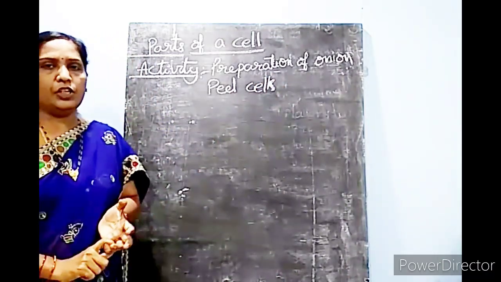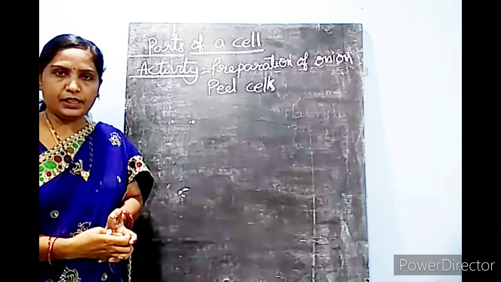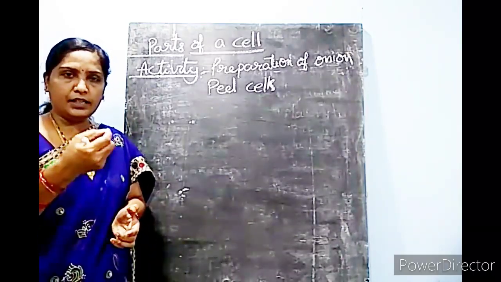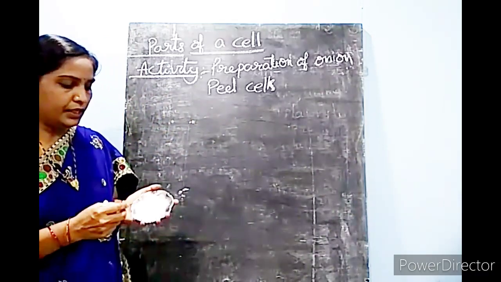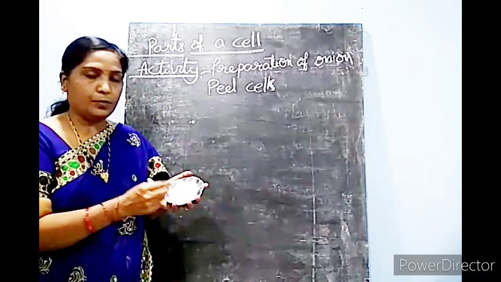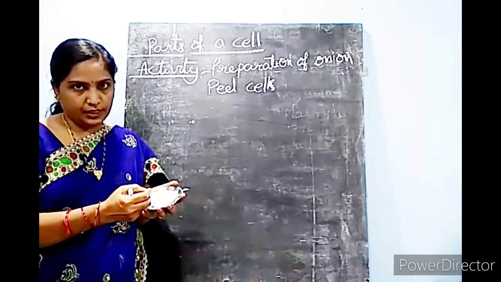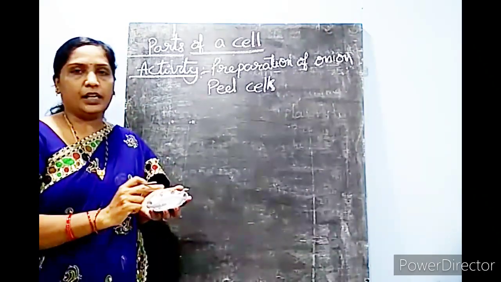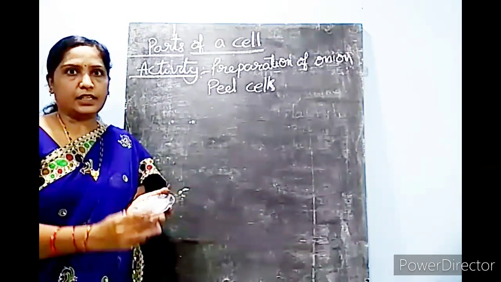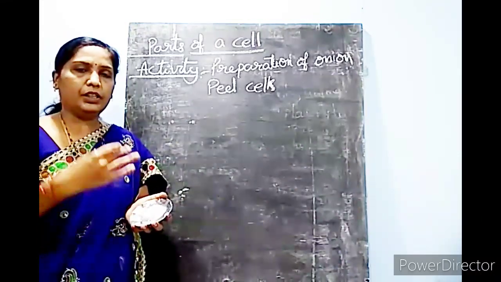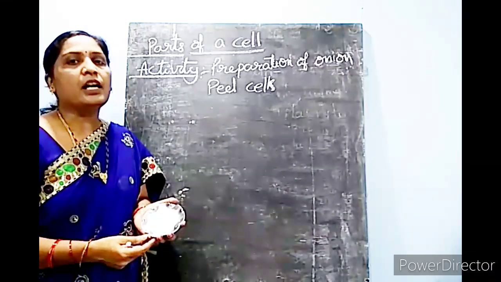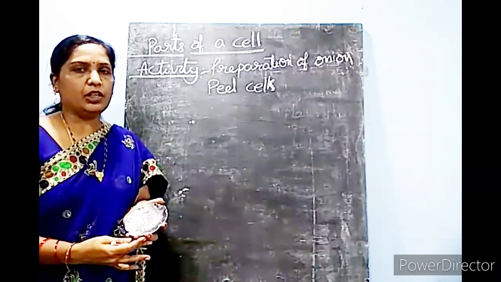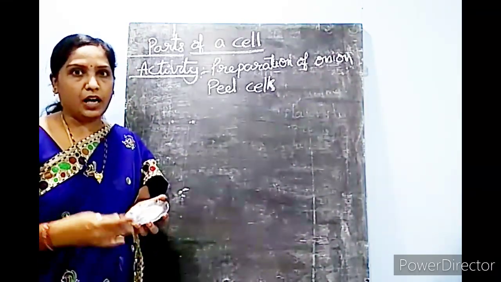So you have taken one onion, removed all the pink colored outer layers, taken one thin layer of onion and placed it on a glass slide, and added 2 drops of water above this onion peel. The glass slide, cover slip and methylene blue, you will see all these in our lab when our physical class starts, or else you can go through the virtual labs which are available online.